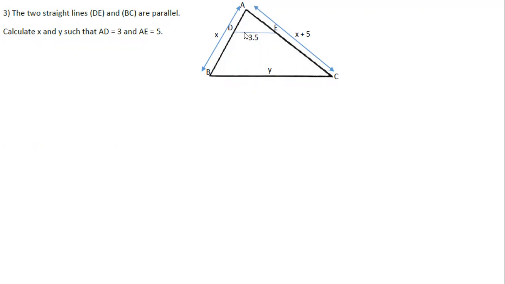Okay, in this triangle we have taken a point D on AB and a point E on AC in the same order, right? Yes. After taking the two points D and E, line DE is parallel to line BC. We are given the measure of AD is 3 centimeters.